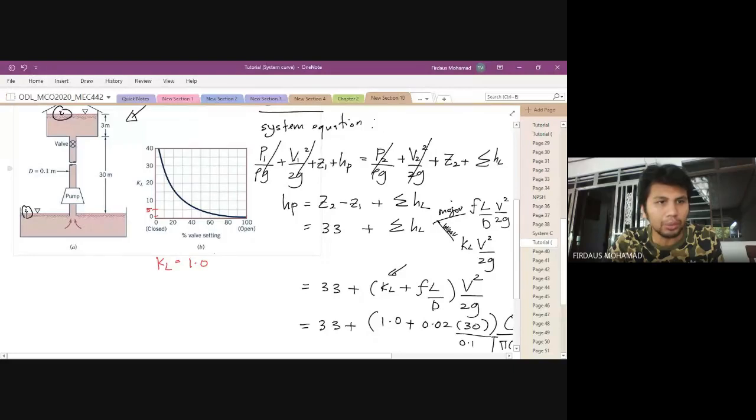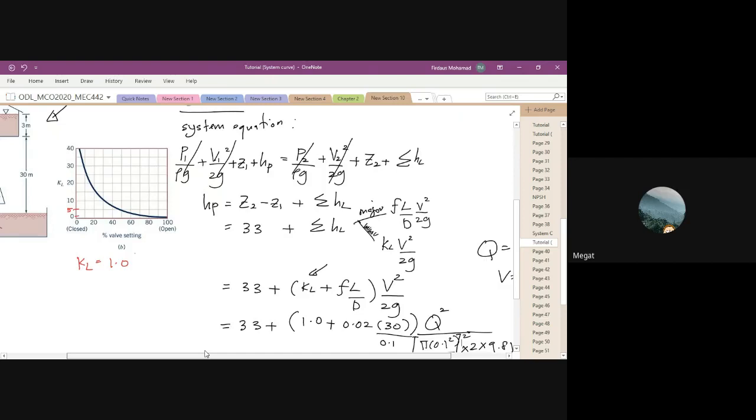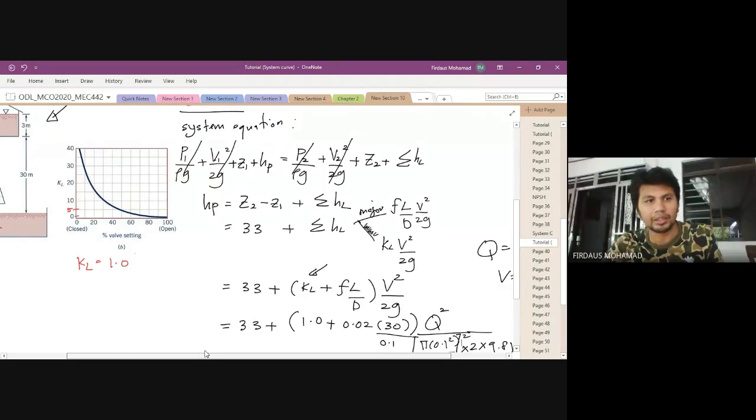V1 and V2 is 0 because it is exposed to the very large surface area, so we assume velocity is very small. But now we are talking about velocity at a point in this pipe. So kalau dalam pipe tu V dia memang akan constant je lah. Yeah. Oh, okay.